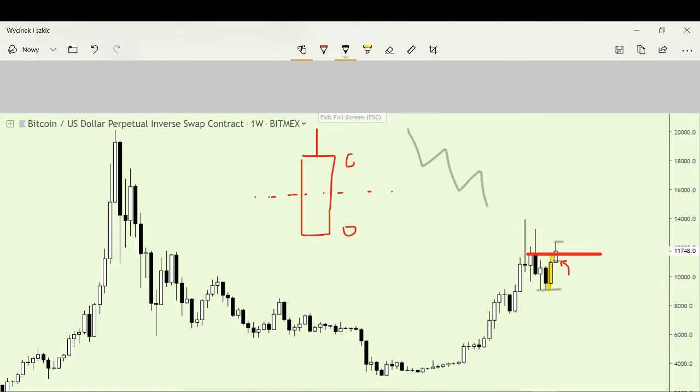And by what Steve Nison studies for an engulfing candle, you need to have a small bodied candle that can be like a spinning top. It doesn't matter too much for the color of the candle to be bearish or bullish, because spinning tops are usually about the market equilibrium, market balance.